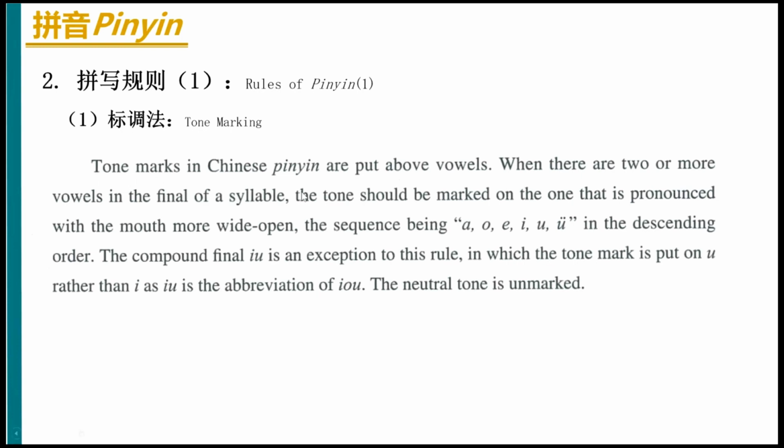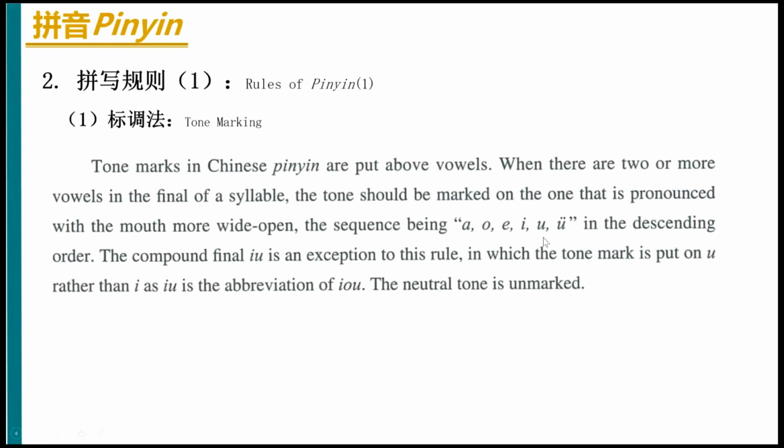Tone marks in Chinese Pinyin are put above vowels. Here you might be a little confused because we had learned that Chinese Pinyin have the initial Sheng mu, final 韵母. But we didn't learn that we have vowels, right? In Chinese, we only have the 6 vowels, which 5 of it is the same in English vowels.